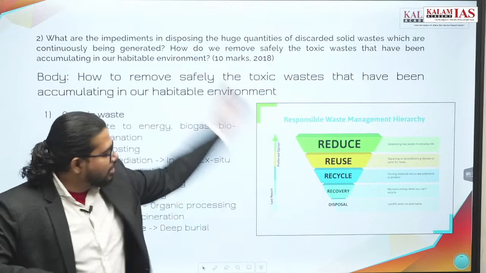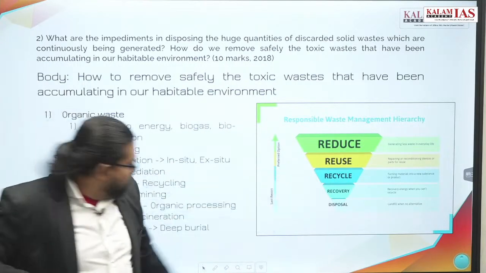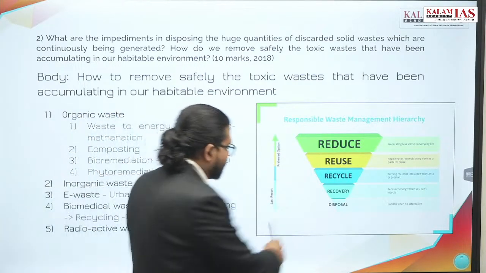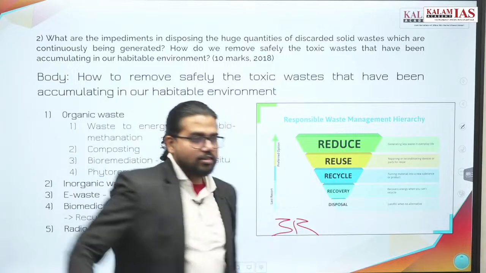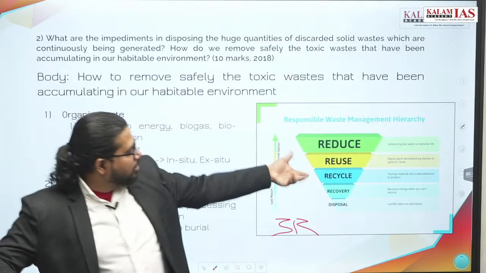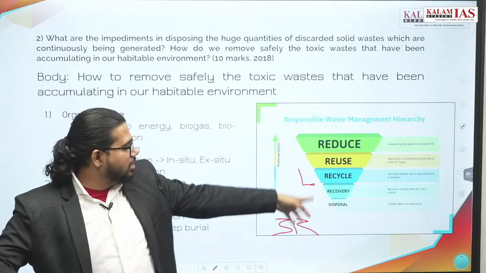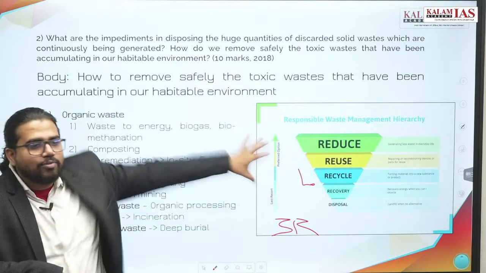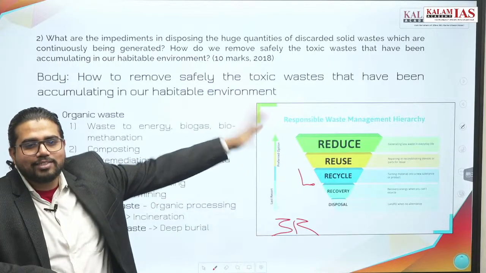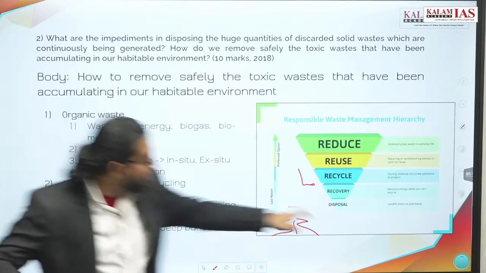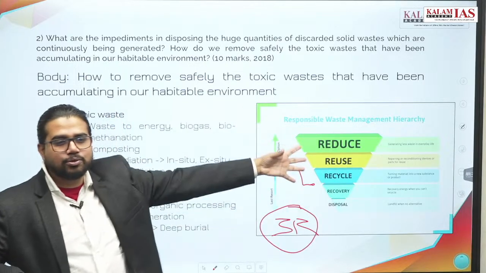Here, this diagram you should know by heart. Somewhere you will see 3R, which means only three parts; this much will be there. Somewhere you will add recovery and disposal also. So whenever a waste management question comes, this should be used as a keyword and a diagram.